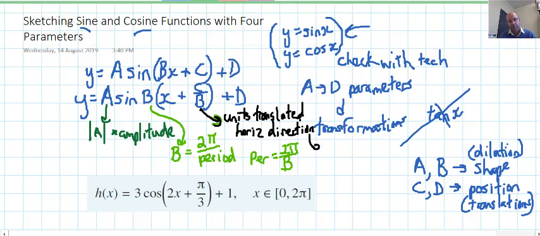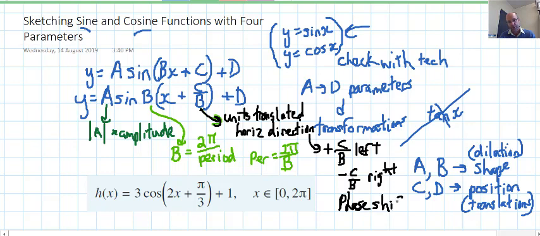So positive C on B is a phase shift or a translation left, in other words, to the negative end of the horizontal axis. And if C on B is negative, it's to the right or the positive. It's also called the phase shift. And the lucky last there is D, and D is the mean value of the function in the y direction. It's also linked to a vertical translation above or below the x-axis.